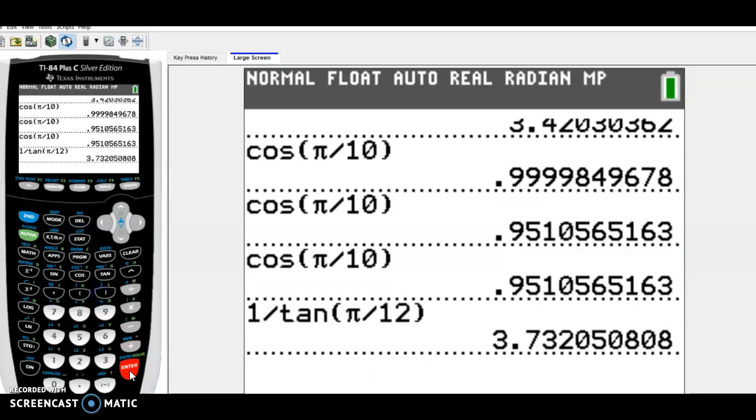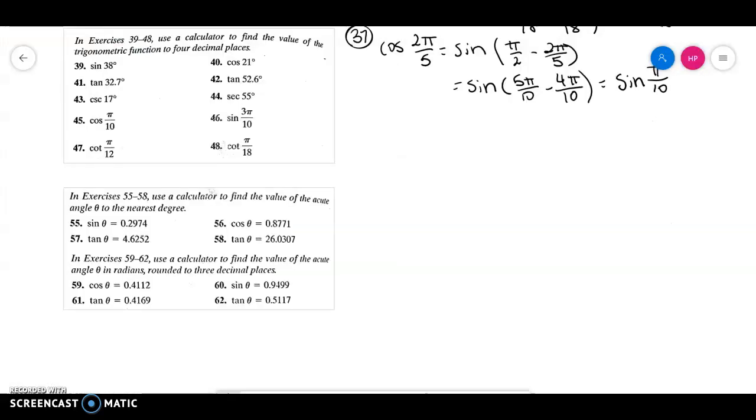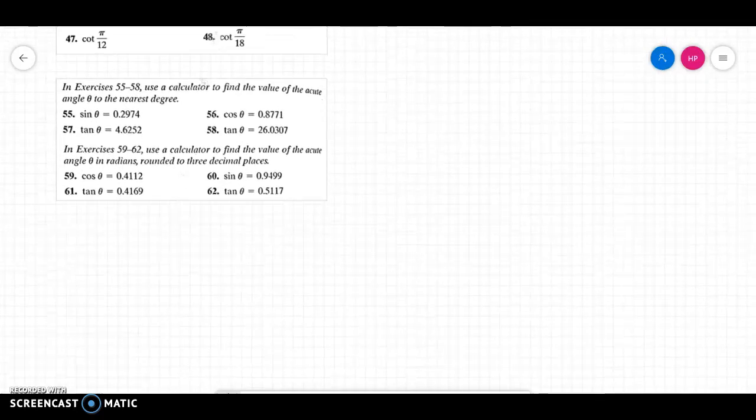And careful, use the fancy fraction if you need to, and watch for the parentheses, but 3.7321 to 4 decimal places for that one. So those couples should be super easy. It's just plugging the values in to figure out what the decimal point is. So really it's just checking the mode on the calculator.